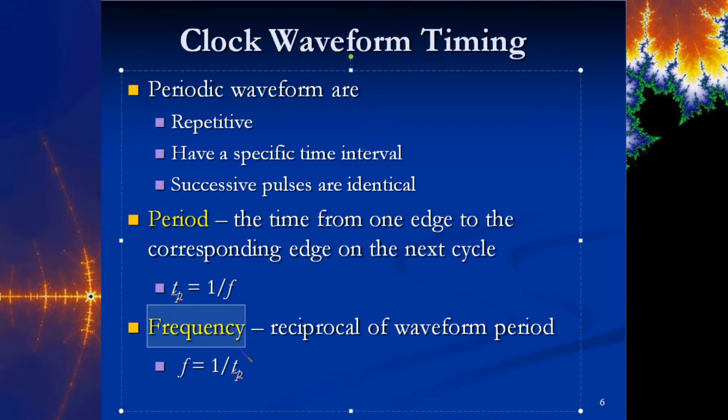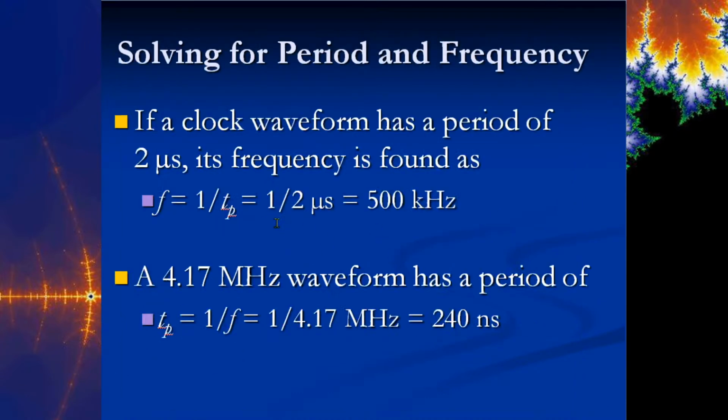Using 1 as a base, how quick is this signal? So we take 1 divided by 2 microseconds and we get 500 kilohertz. Kilo is 1,000, so this is really 500,000 hertz. That's the frequency of that waveform. The higher the frequency, the shorter the period. In other words, it doesn't take as long to complete one.